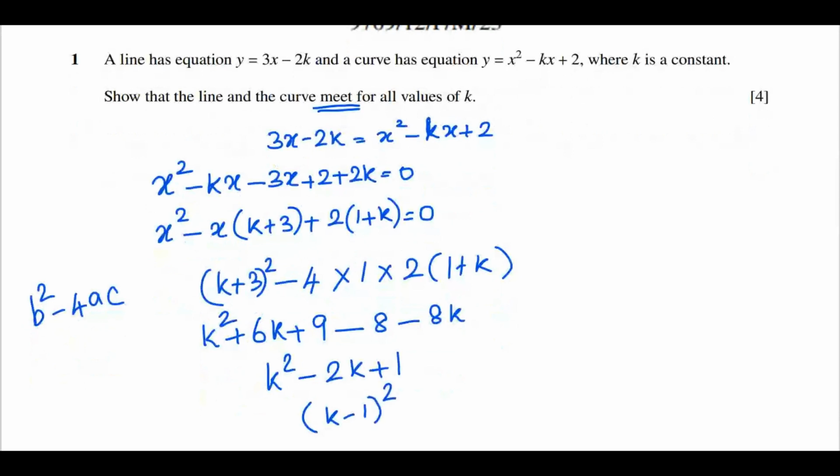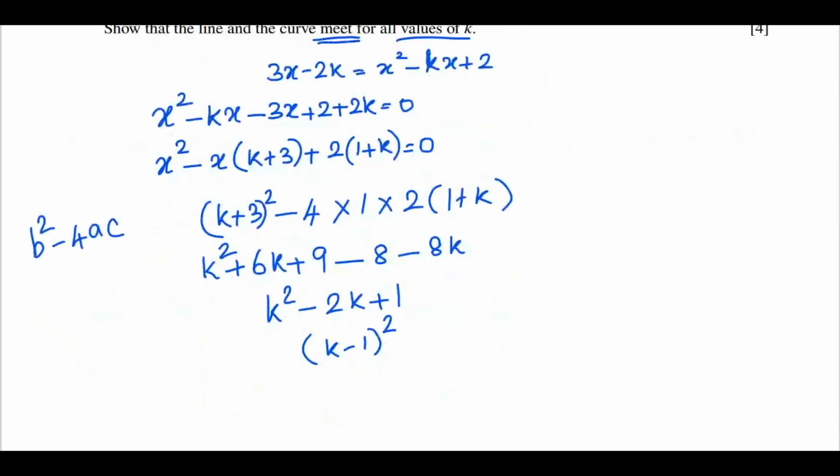So we have to show that for all the values of k, the line and the curve meet. Now we got the expression k minus 1 the whole square. Okay. Now for k, whatever value you give, negative or positive, you will get a positive value only, because k minus 1 the whole square will give only a positive value.